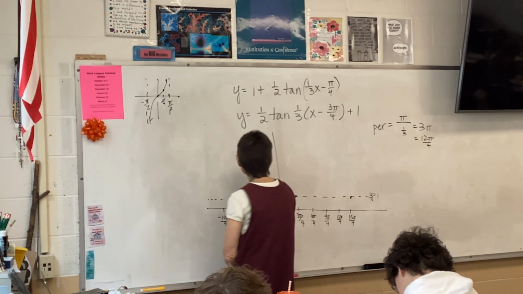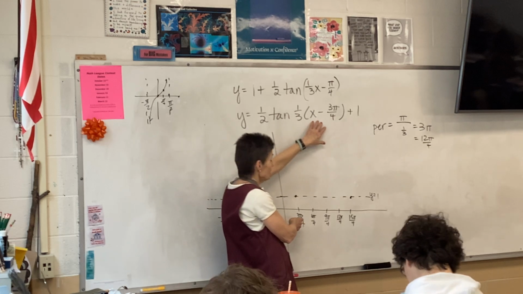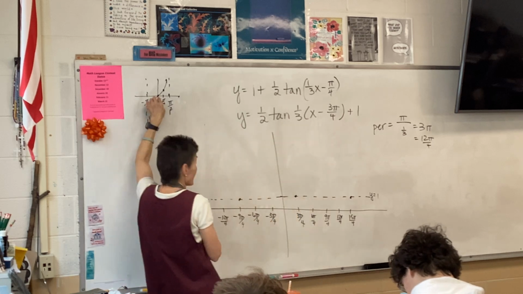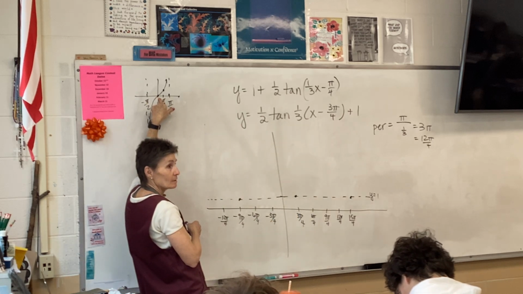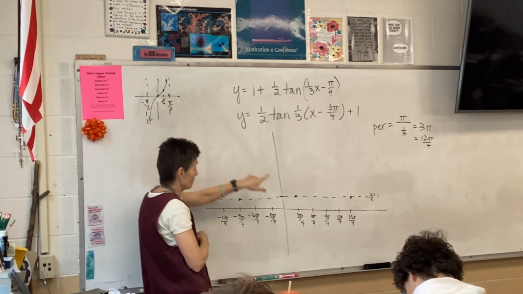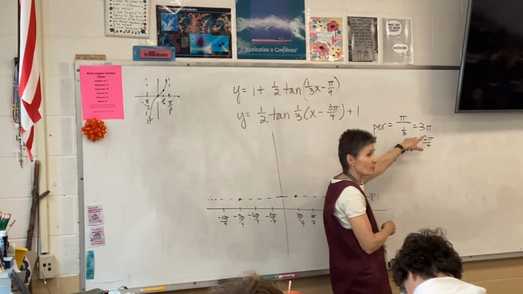Did you have a phase shift of positive 3 pi over 4? Yeah. So you should have a dot there, because in a tangent, that's the origin. So we're going to move our origin 3 pi over 4 to the right. And then, did you get a period of 3 pi?